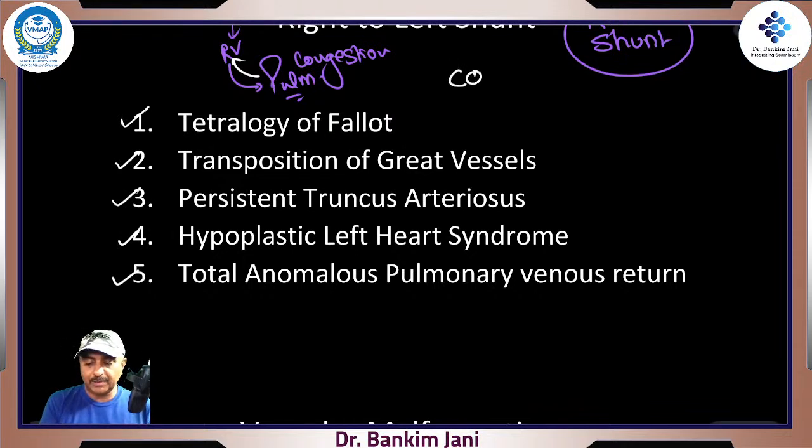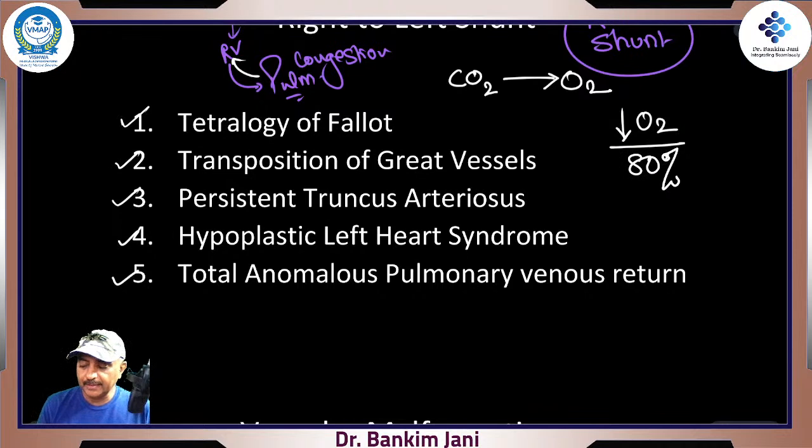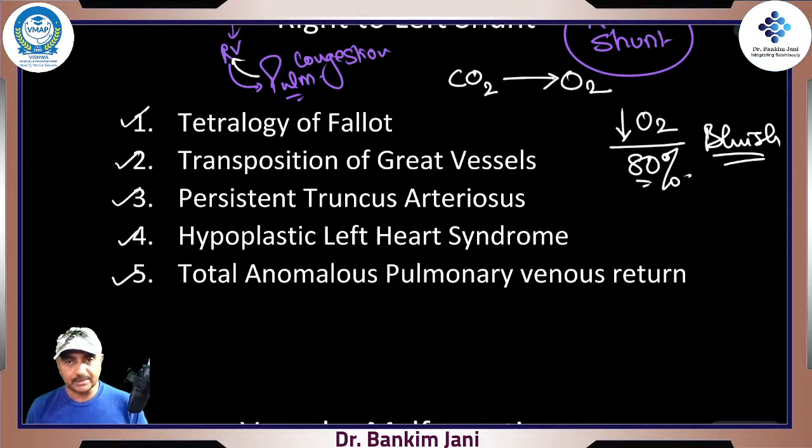That means the deoxygenated blood, carrying carbon dioxide, would be mixing with the oxygenated blood, right? And as the oxygen concentration drops below 80%, it leads to bluish discoloration, or the cyanosis.